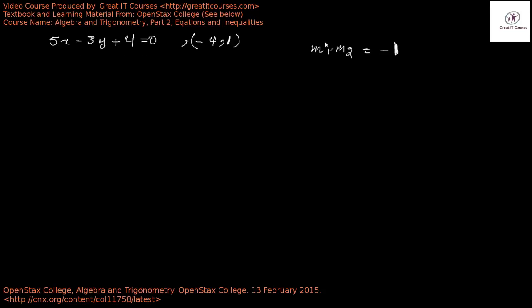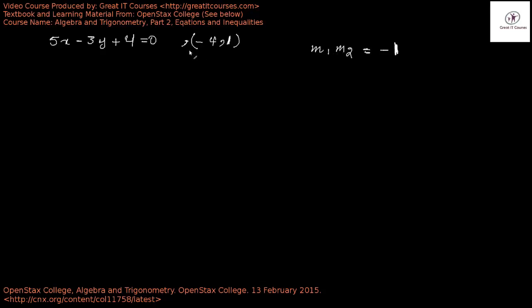Now in this equation, if I have one of the m's, I can calculate the other one, because this term over here is a constant. So I can simply find out what the slope of this line is, put it into this equation, calculate the second slope, and that second slope becomes the slope of my new line.